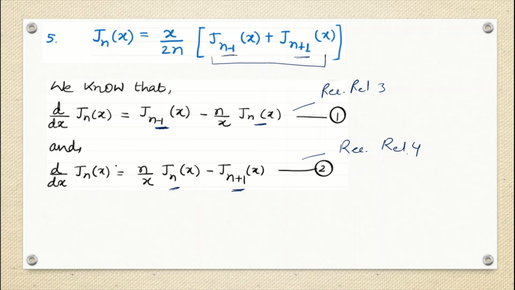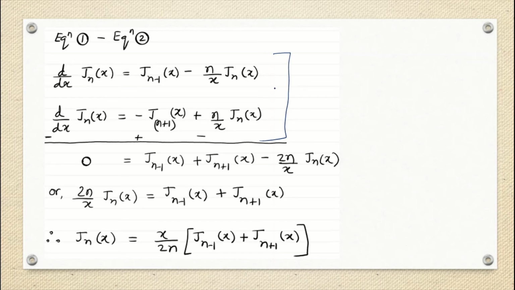If we focus on these two recurrence relations, we see that the term n by x J n x is common. So if we subtract these two recurrence relations, the left hand side will give 0. This is my third recurrence relation, this is my fourth, and we are performing subtraction.